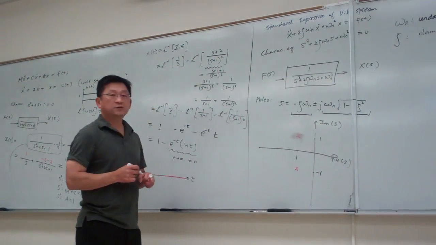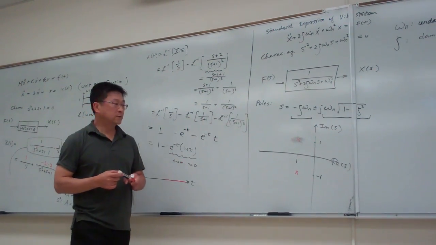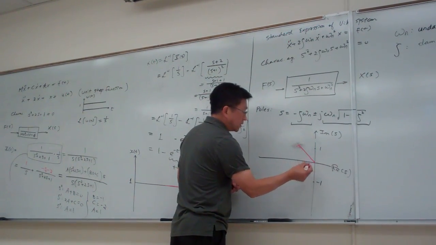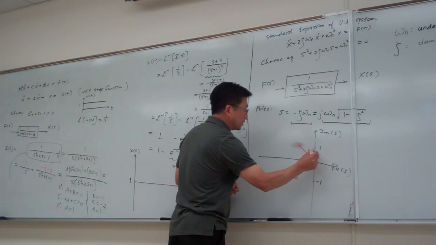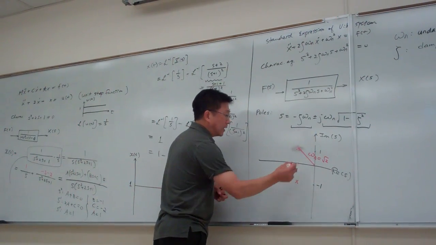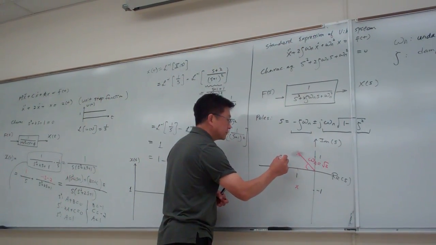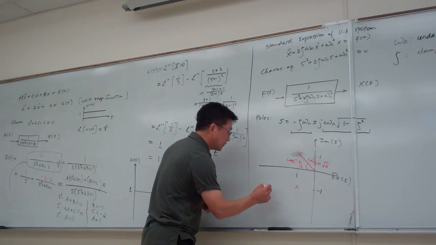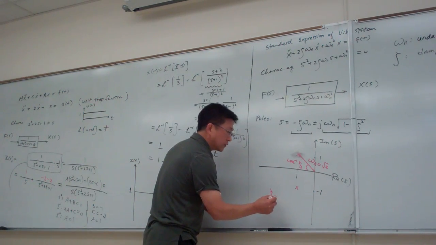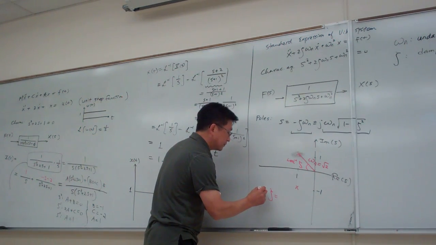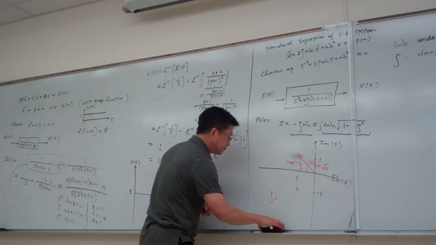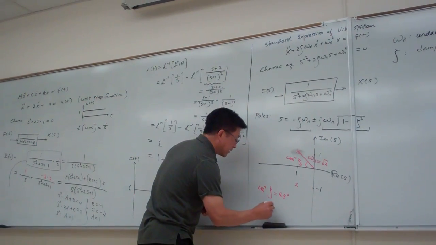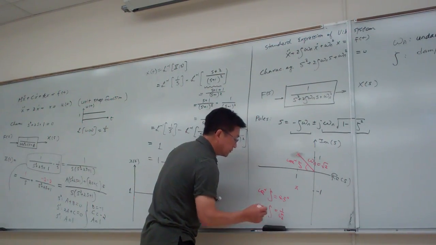So this is the location of the poles. So again, the natural frequency is simply this distance you measure: omega n equals square root of 2. And this angle, this is cosine zeta. So therefore zeta equals cosine of 45 degrees, so zeta equals 1 over square root of 2.